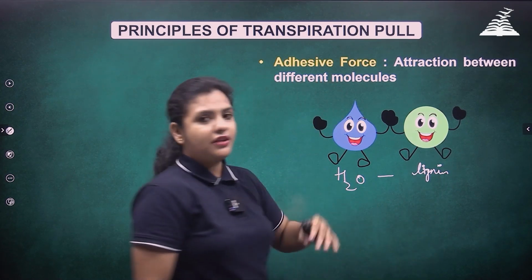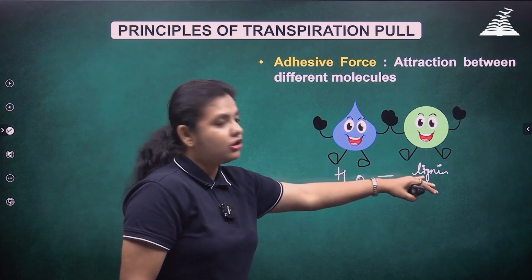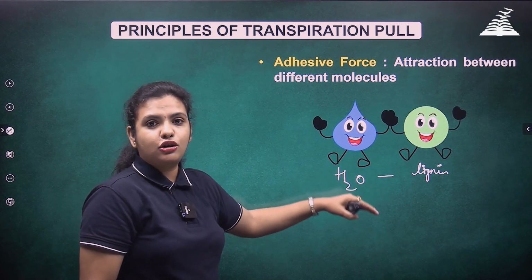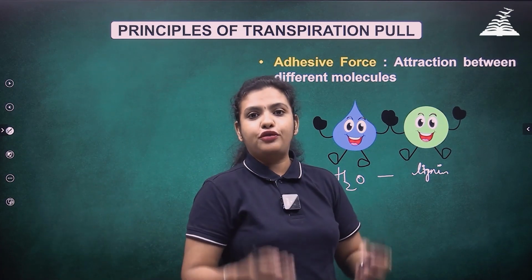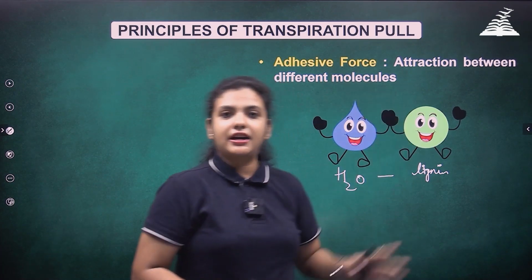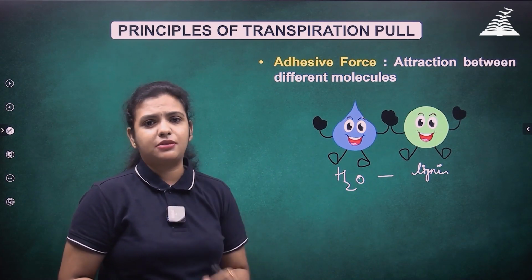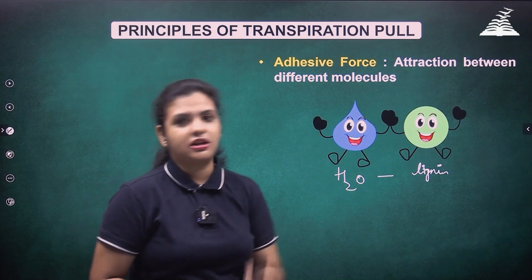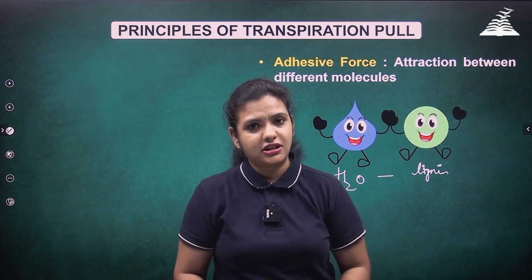Okay. So if the plant has to get water till the tip, lignin should also get attracted to water. So as water is going, it is pulling lignin also for support, so that the entire plant gets water. This is a basic principle, students, of transpiration. The first force was cohesive force and adhesive force.